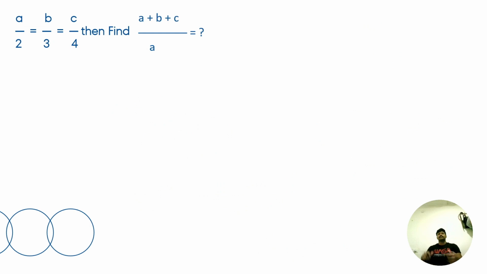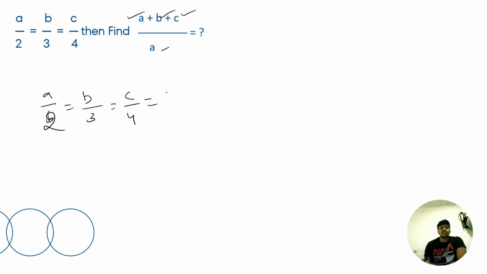Now, how to simplify them? A by B, B by C, C by 4. So remember, we want to find out the value of a plus b plus c by a. So let's find out the values of a, b, c first. How are you going to find out? See, I am going to assume all of them are equal to some k. You can take any number of your choice.